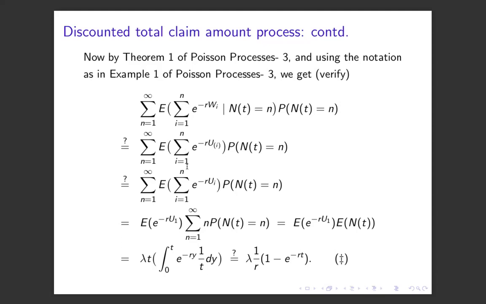So that the sum should be equal to the same thing as summation i going from 1 to n of e to the power minus r times Ui, without those braces or parentheses. So this whole expectation, these are IID random variables. This expectation is the same thing as the expectation of e to the power minus r times U1. And of course, there are n of them. So the n comes in here.